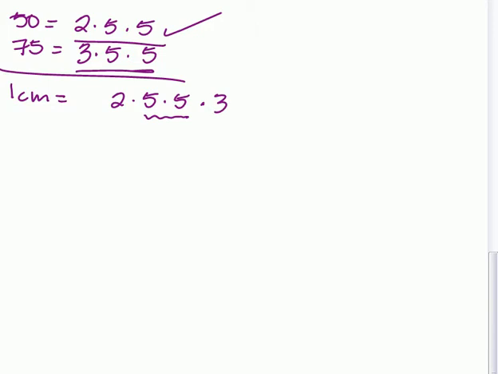Here's 50, and here is 75. So we reuse those 2 5's. So what do we get when we multiply all of that out? We would get 150.